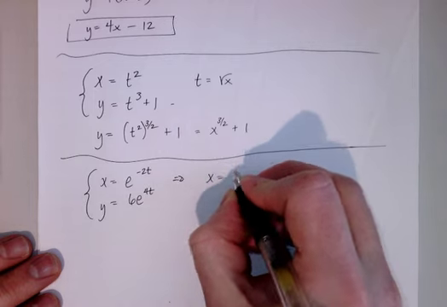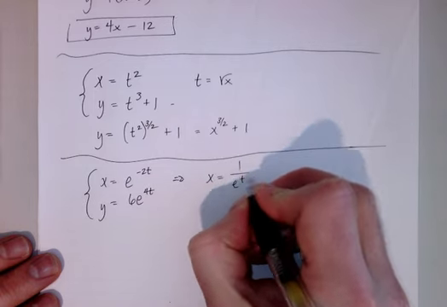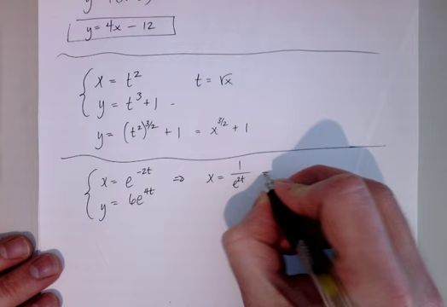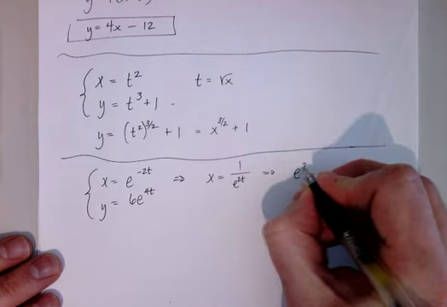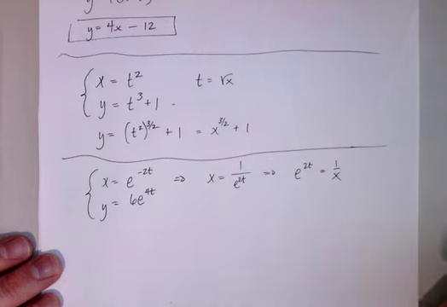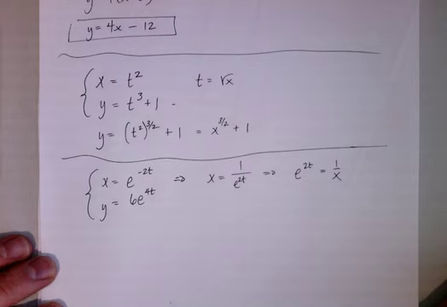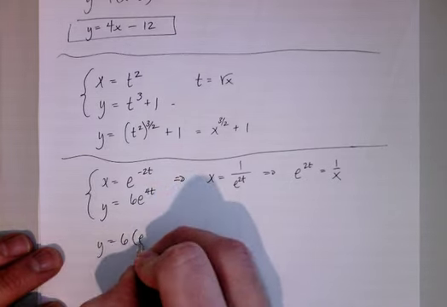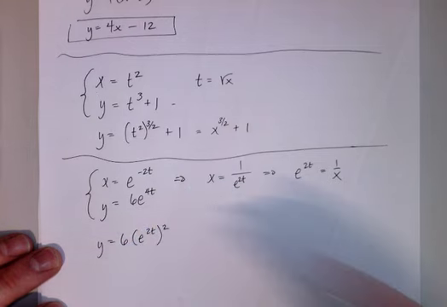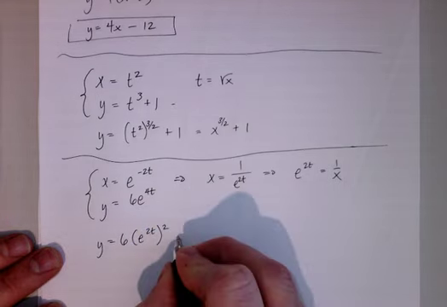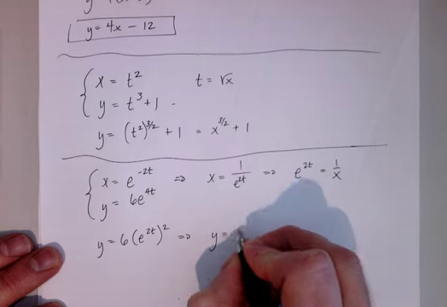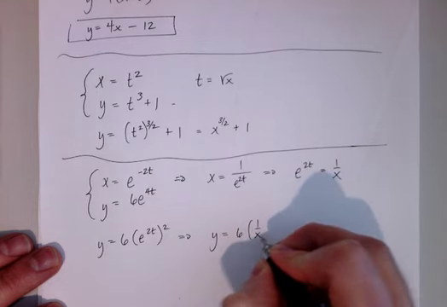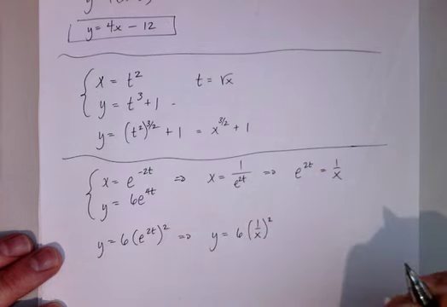I know that x is 1 over e to the 2t, so e to the 2t is equal to 1 over x. If that's the case, then y is equal to 6 times (e to the 2t) squared, which becomes y is equal to 6 times (1 over x) squared.